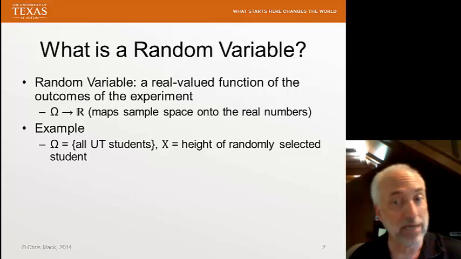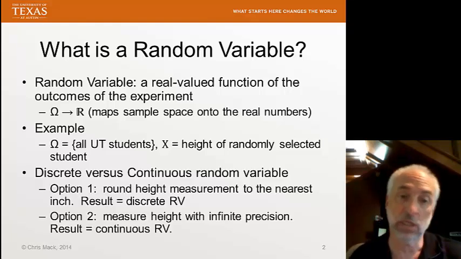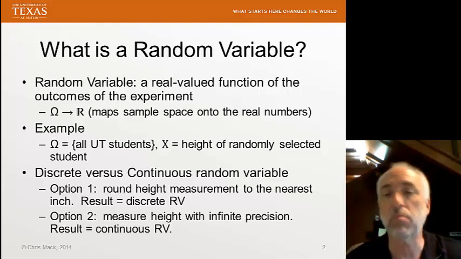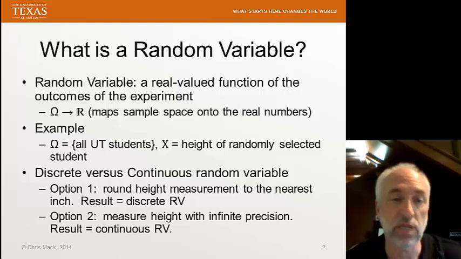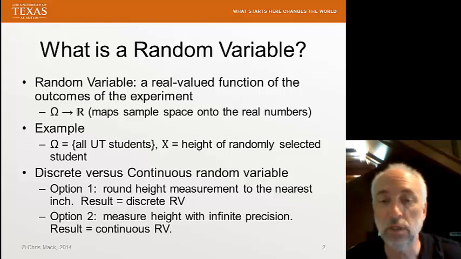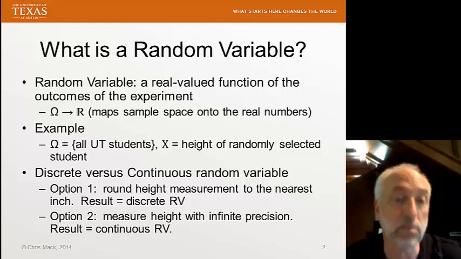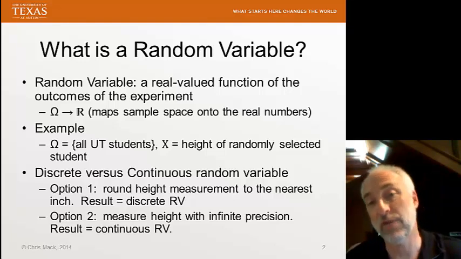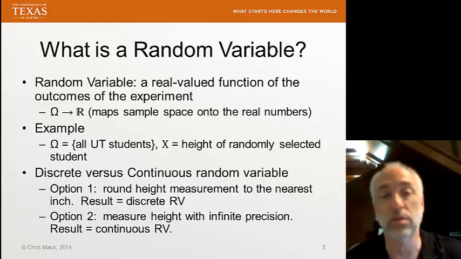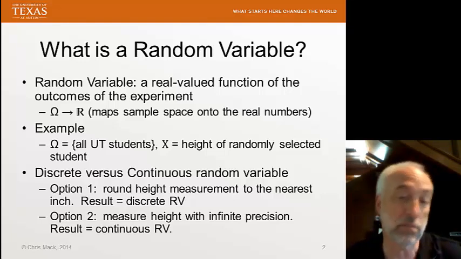So what kind of a random variable is x? Well, it could be discrete or continuous depending upon how we've defined this. For example, we could round the height measurement to the nearest inch or the nearest centimeter or the nearest something. If we did that, we'd get a discrete random variable, specific numbers, and there would be a limited number of numbers possible.